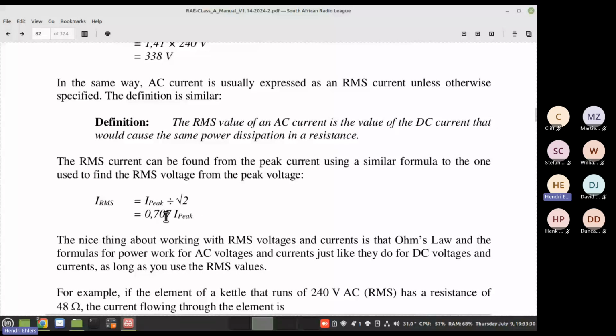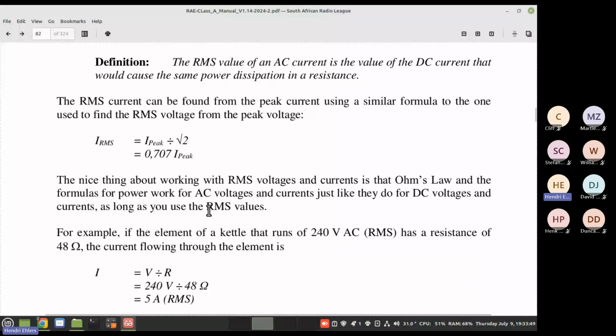This is the 0.707 that we worked with now, and you can calculate the RMS value by multiplying the peak with 0.707, or you can get the peak value from the RMS value by dividing by 0.707, or times the RMS by 1.41, which is the reciprocal of this.